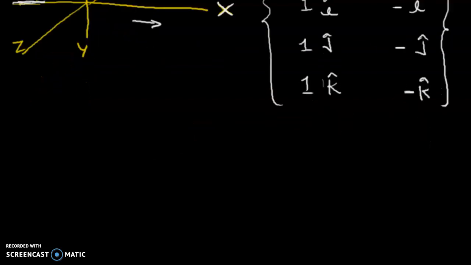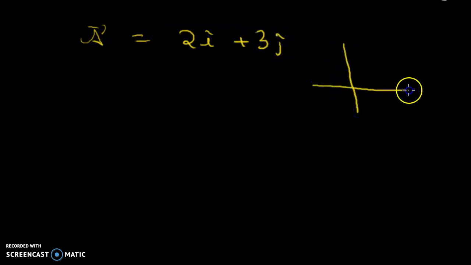Say for example, there is a vector a, 2i cap plus 3j cap. If you think of it, it is something like this. Say this is the vector 2i cap plus 3j cap, and if I ask what would be the unit vector, the thing is we only tell the direction.